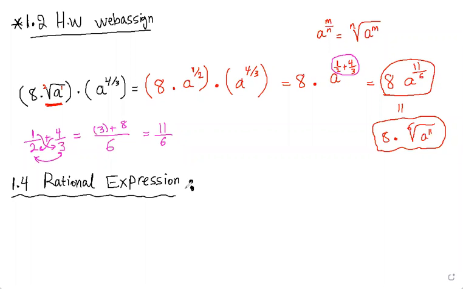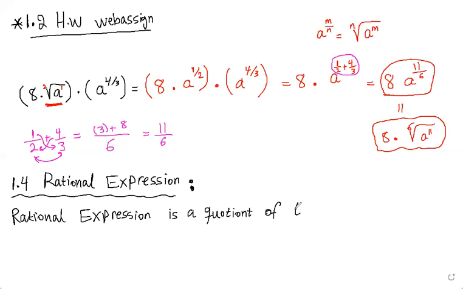So what is the meaning of rational expression? A rational expression is a quotient of two polynomials.